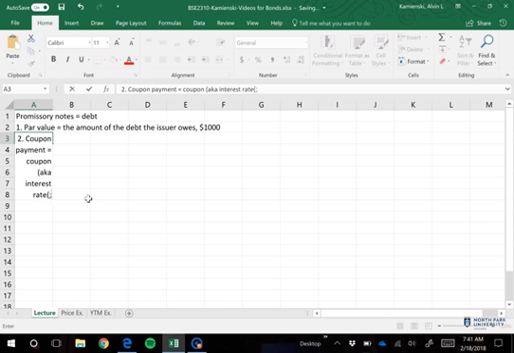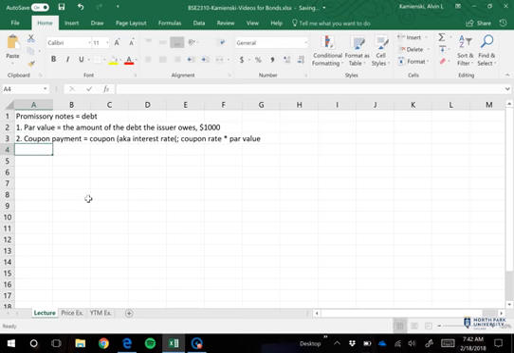The way that we calculate the coupon payment is you take the coupon rate and multiply it by the par value, and that tells you the amount of interest that you're going to receive. Another function is the timing of the coupon payments, which largely will be either annual or, in most cases, semi-annual.